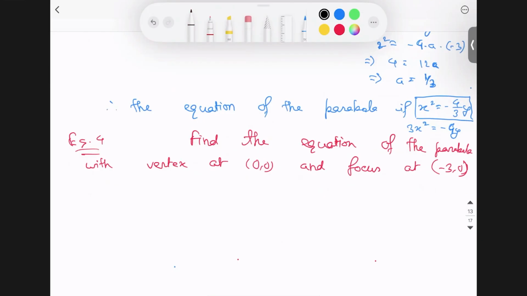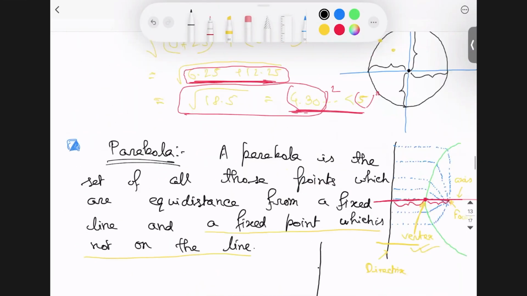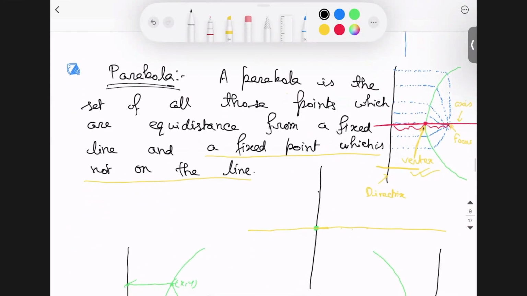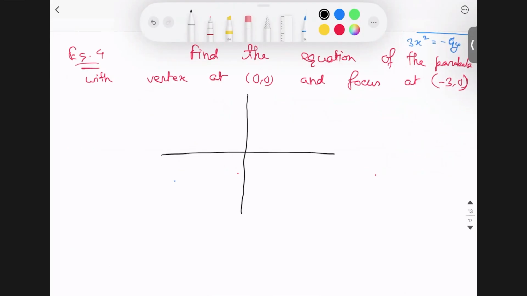Okay. So just first identify the points. They are saying the vertex is at the origin. The vertex means which one? Just recall, this point at the origin, we have already discussed.